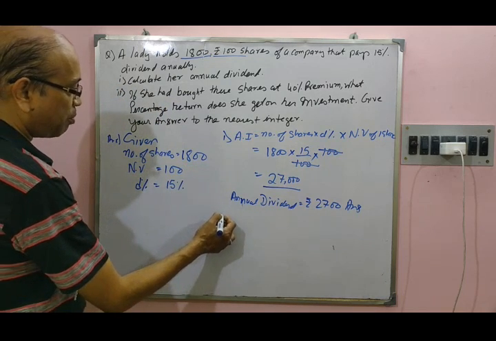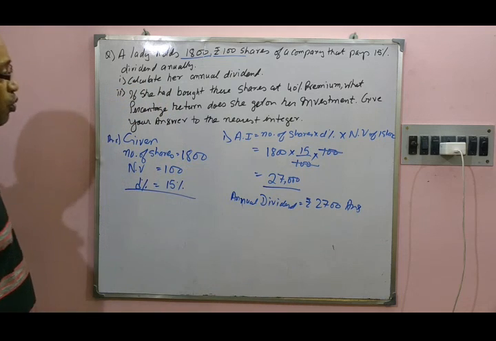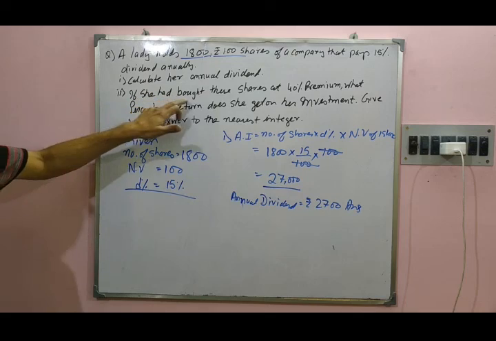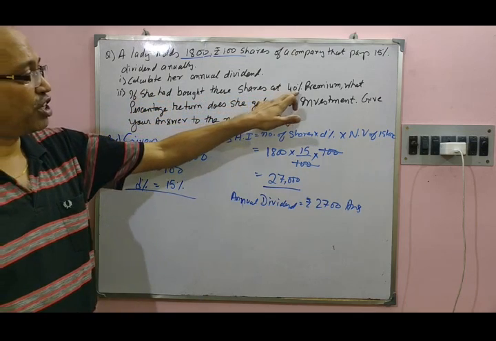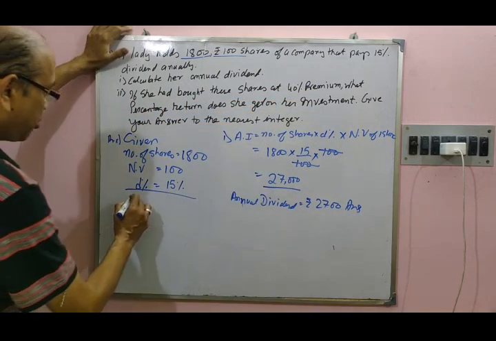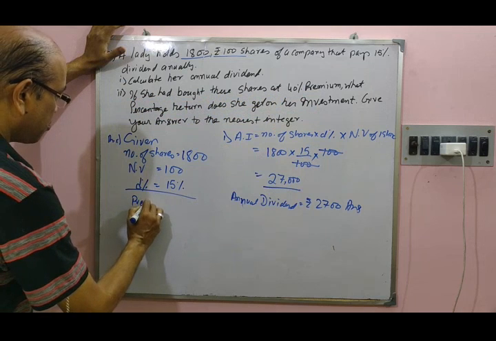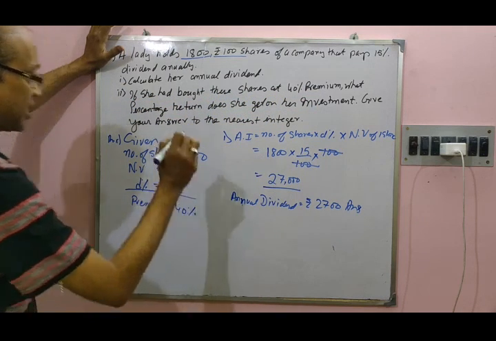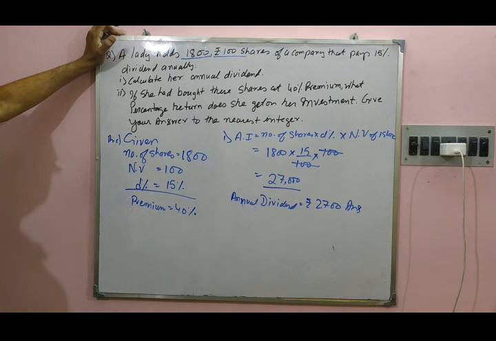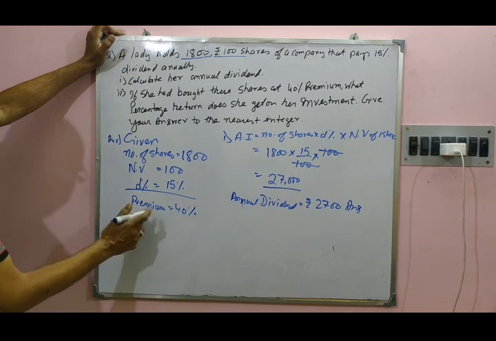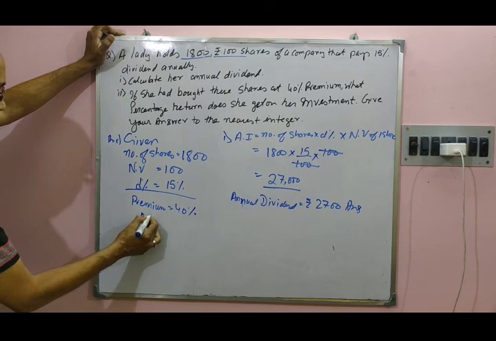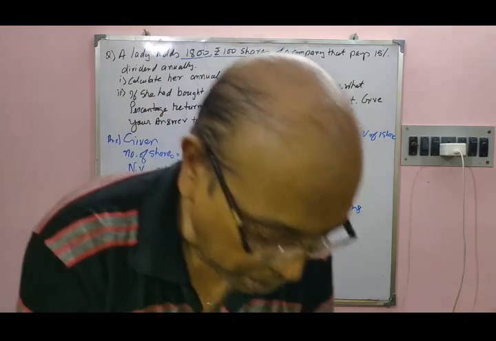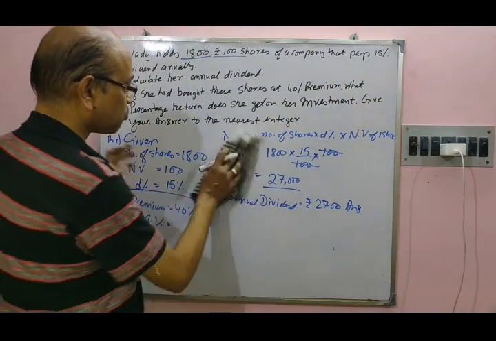Now for the second part. What else is given? If she had bought the shares at 40% premium, that means premium is 40%. From here we have to find the market value.